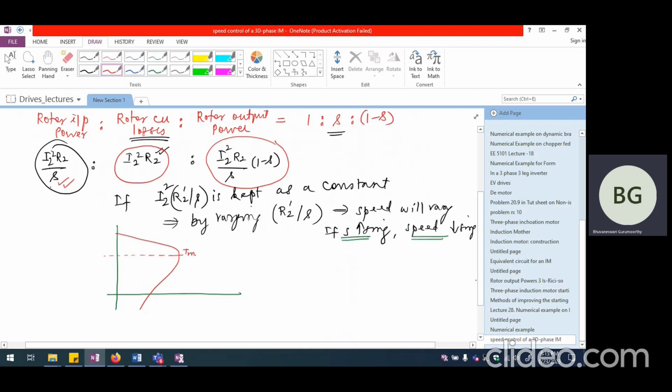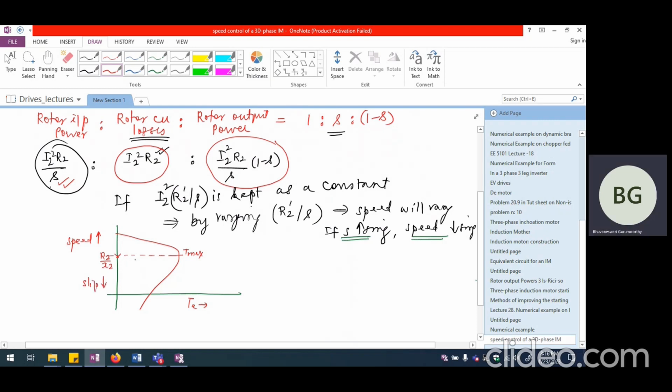This is the Tmax value, this is the Te, and this is the speed of the induction motor. When the maximum torque is occurring for the induction motor, at that point, the slip is going to be R2 divided by X2. This is what is going to be the slip value.